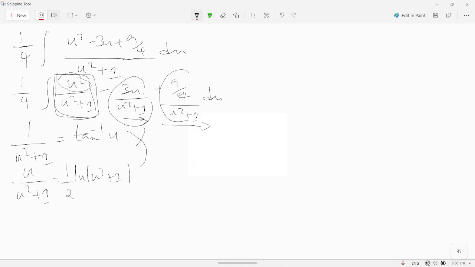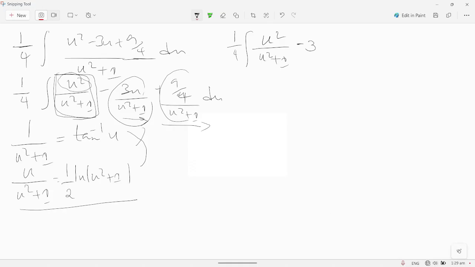So 1 over 4 integral u squared over u squared plus 1, and minus, we know that the integral of this, u over u squared plus 1, already said it's in this.